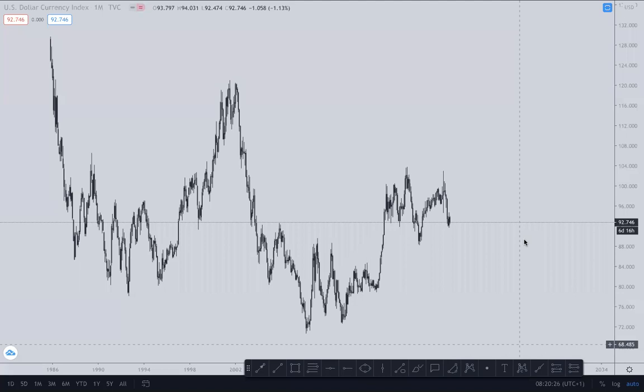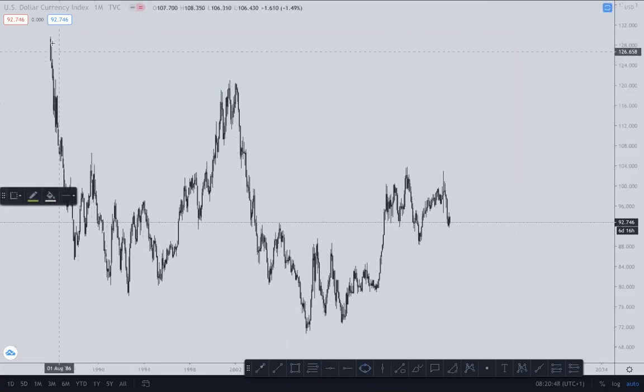So if I'm looking at the monthly chart right now on the dollar currency, I would say it's bearish. I'm not trying to say anybody thinking it's bullish is wrong, but I want you to take note of the major zones, major points of interest on this chart right now.